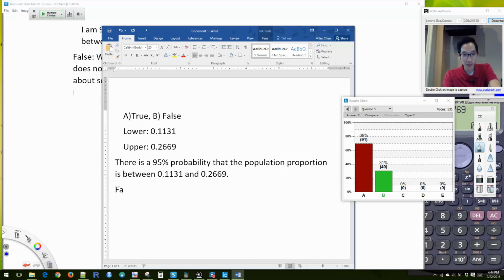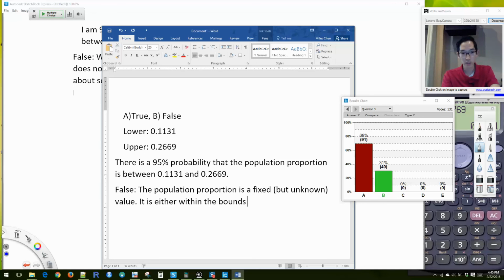Okay. So this is false. The population proportion is a fixed but unknown value. It is either within the bounds of our interval, or it is not.